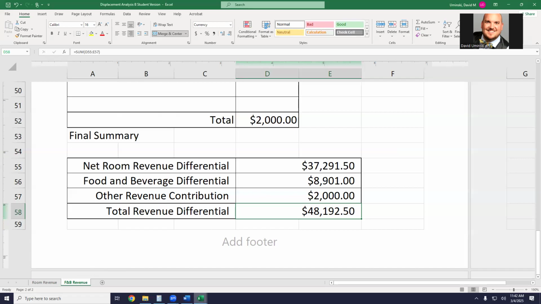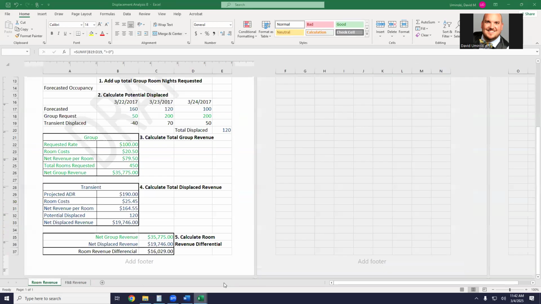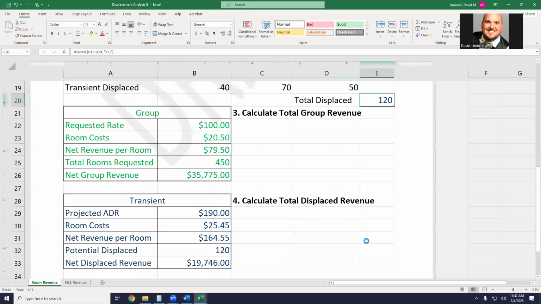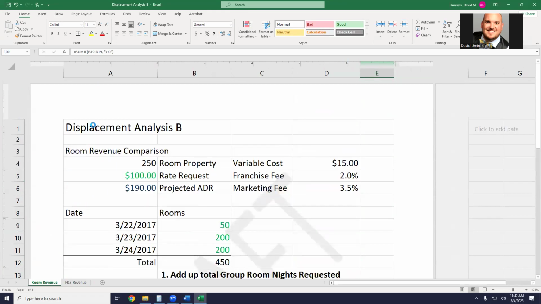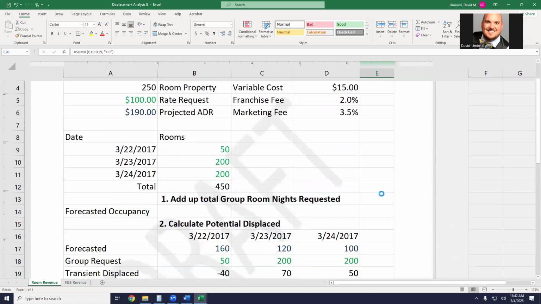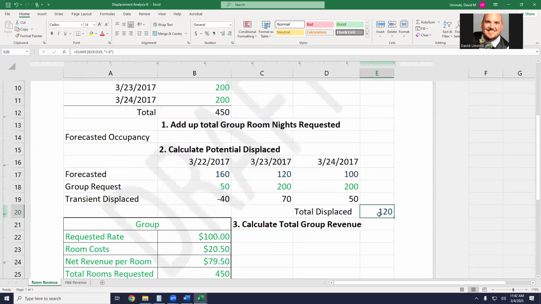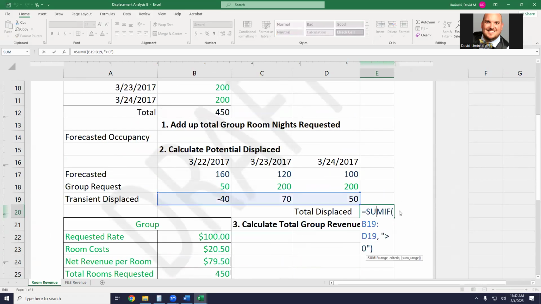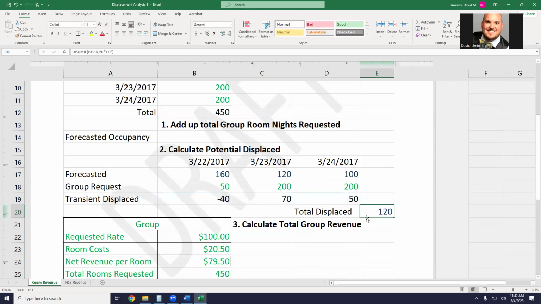So check this out. That's why I love Excel. So this is my displacement analysis B. My formula right here says SUMIF. So what do you think that means? SUMIF.